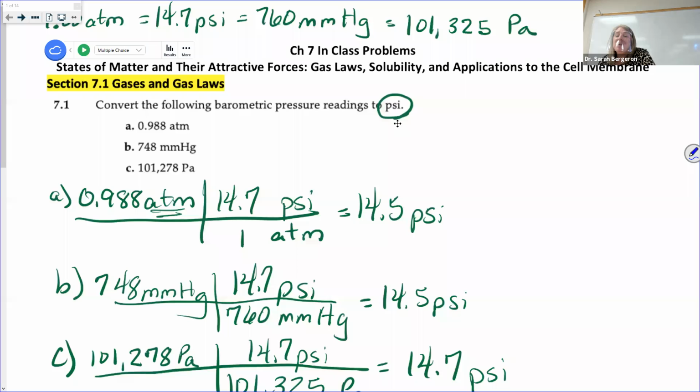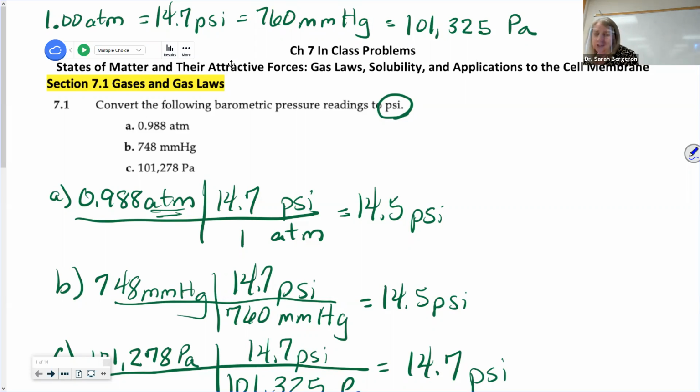All right, so we are starting chapter 7. Chapter 7 is all about gas laws, solubility, and how that applies basically to cells and cell membranes. If you pull up your best friend, there are some things you're going to need on it.